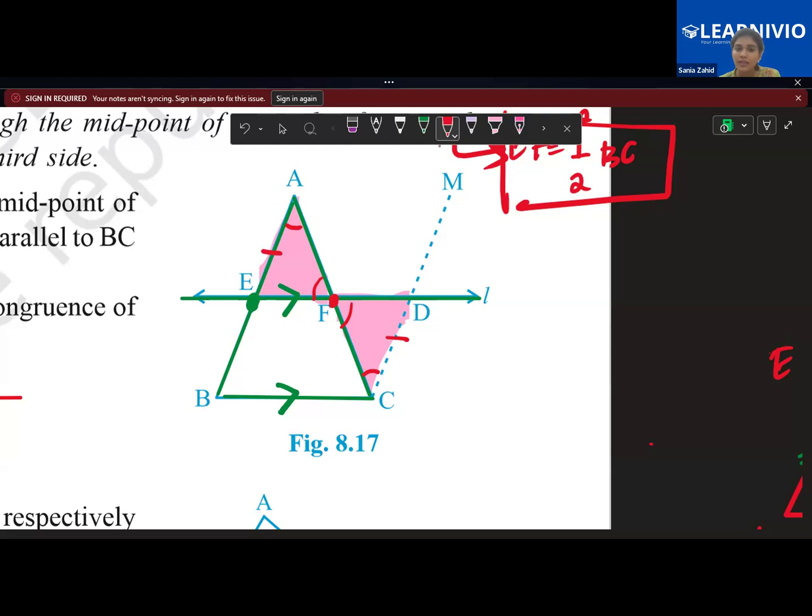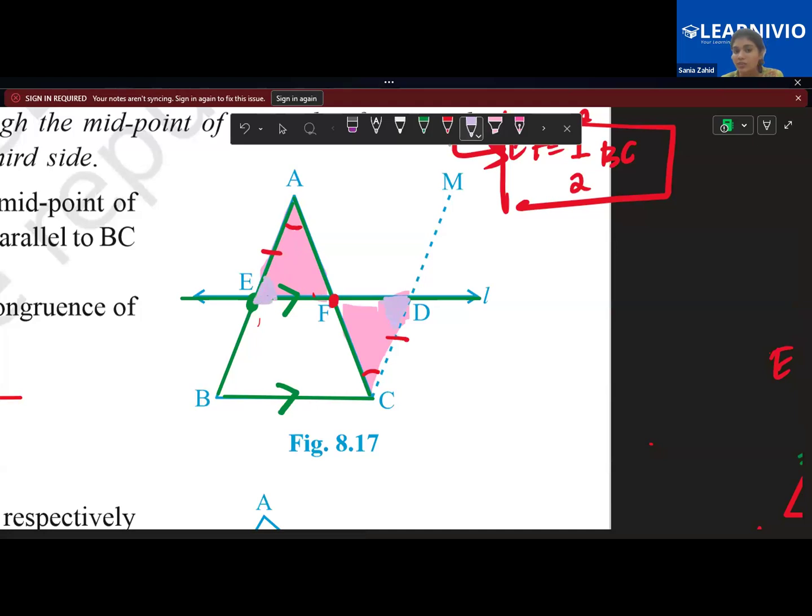By AAS. Okay. You can say AAS, but you can do it by ASA also. How can you do it by ASA? Don't take the vertically opposite angle. Instead, take the alternate interior angle. Children, can I take this angle and this angle? Alternate interior. Yes, I can take them.